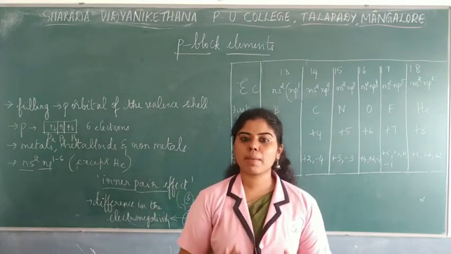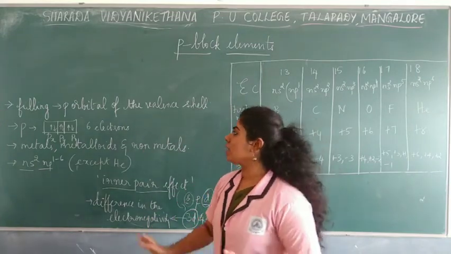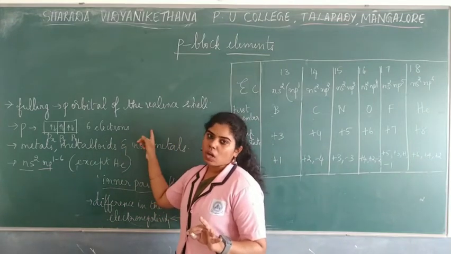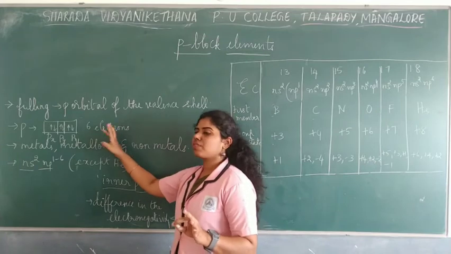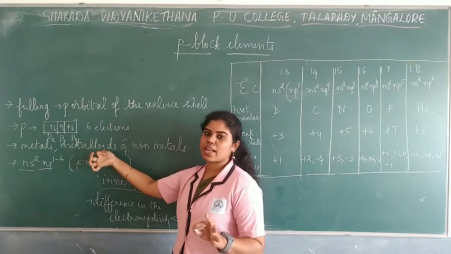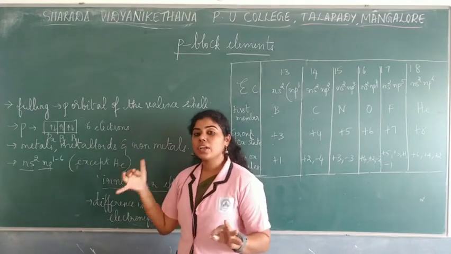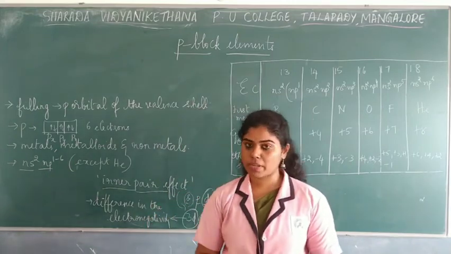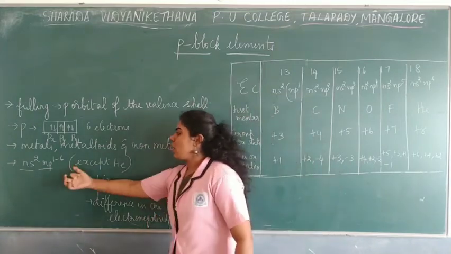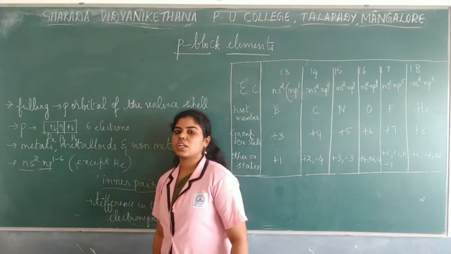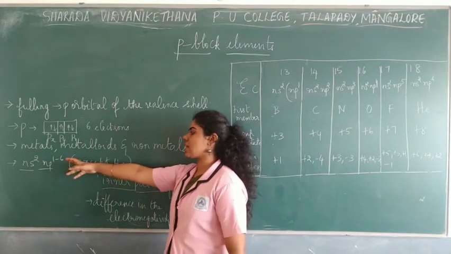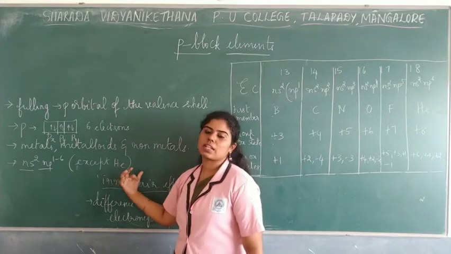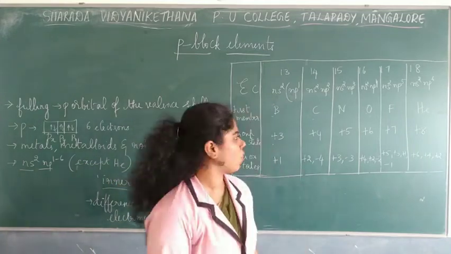So usually p block elements are the ones where the last electron filling will be done towards the p orbital, okay, and they have 3 orbitals which can consist of a maximum of 6 electrons, and they include metals, metalloids as well as non-metals too. And then we have the general electron configuration, which is written as ns2 np1 to 6, except for helium, which has the electronic configuration of 1s2.